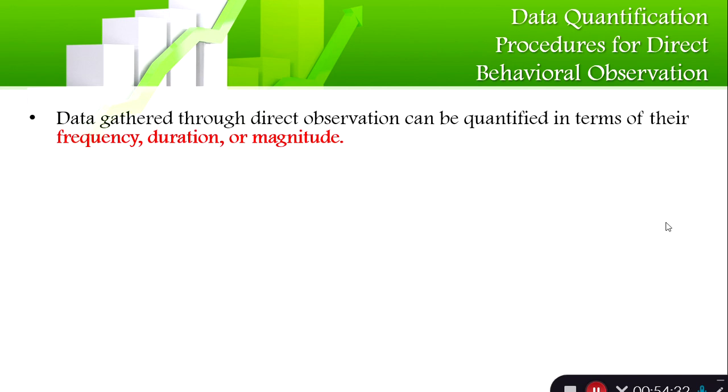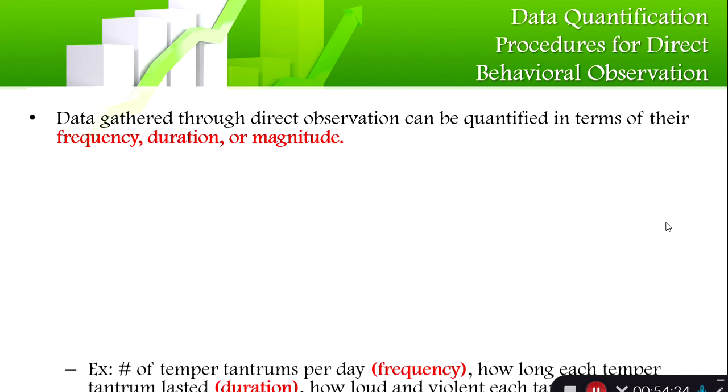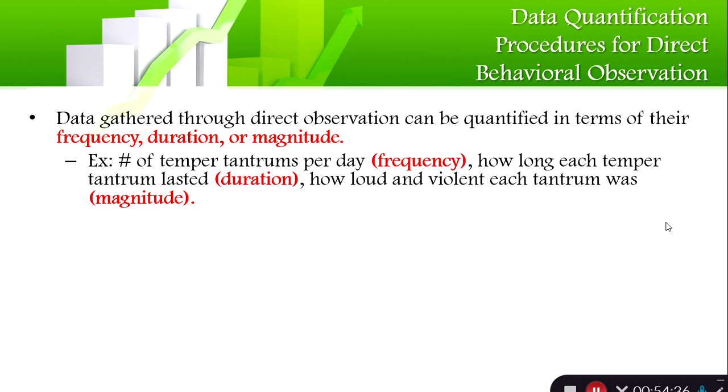And then in terms of data quantification procedures for direct behavioral observation, data gathered through direct observation can be quantified in terms of frequency, duration, and magnitude. For example, if we are observing the number of temper tantrums that children have per day, we can observe the frequency of those tantrums. We can observe how long each of those tantrums lasted, which would be duration.